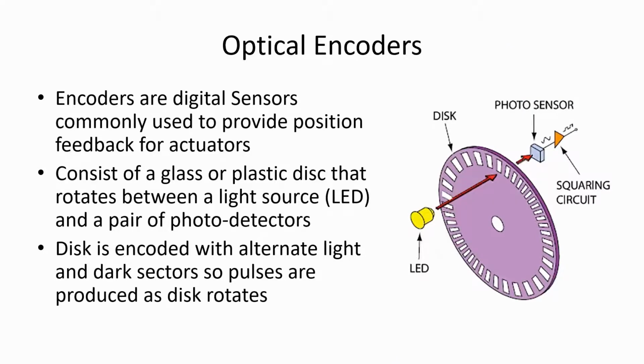Next is optical encoders. These optical encoders are digital sensors, commonly used to provide position feedback for actuators like motors. They consist of a glass or plastic disc that rotates between a light source and a pair of photodetectors.